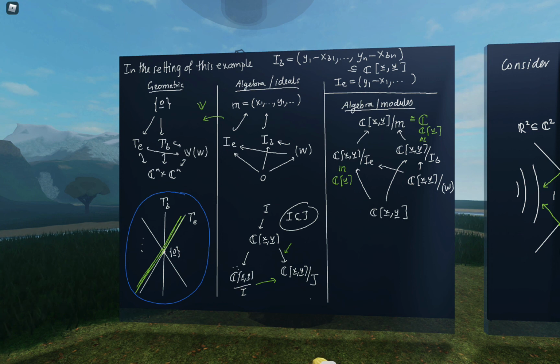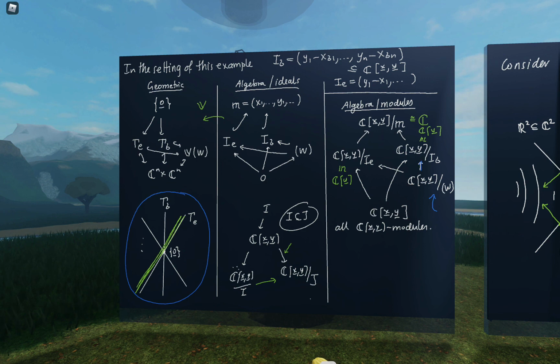Okay. Well, they're modules over what? These are all CXY modules. They're actually algebras. But notice this quotient here. So that quotient is the coordinate ring of the vanishing locus. Doesn't matter if you don't know what that is. It's just some quotient of that polynomial ring.